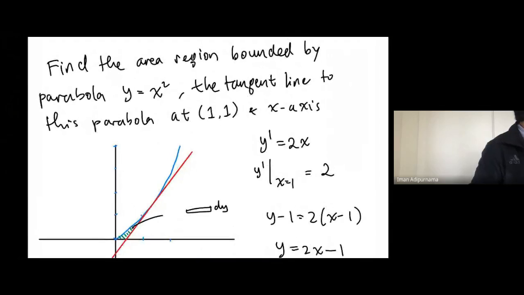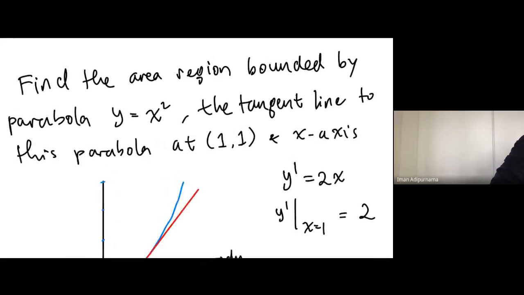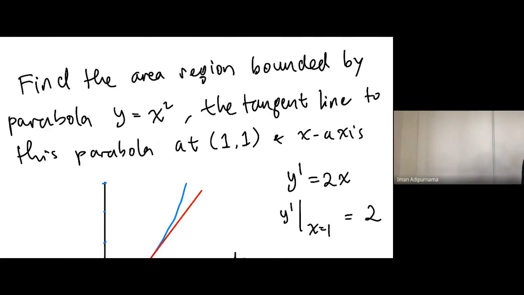Not too difficult, but you need to at least understand the question. So find the area bounded by the parabola y equal x squared, I think you can draw that easily, the tangent line to this parabola at x equal 1, y equal 1, that is (1, 1), and the x-axis.